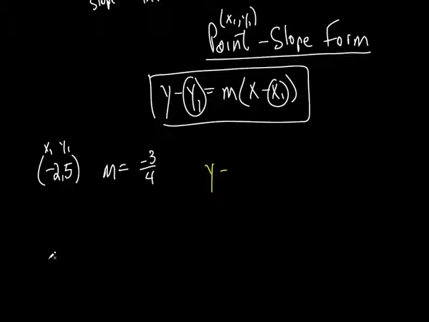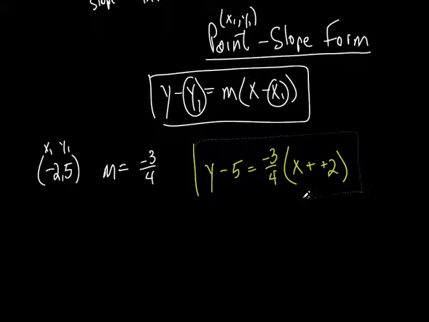What's my y1 here? It's 5. Equals m. What's the slope? Negative 3/4. Put a parentheses. The x just stays x. Then a minus, and then x1, which is negative 2. But we don't leave it as minus and negative. What's minus and negative? Plus. And look at this, I am done.